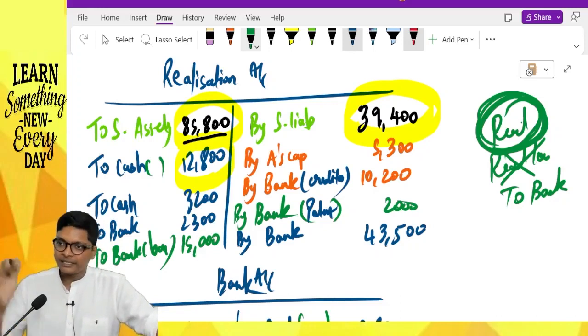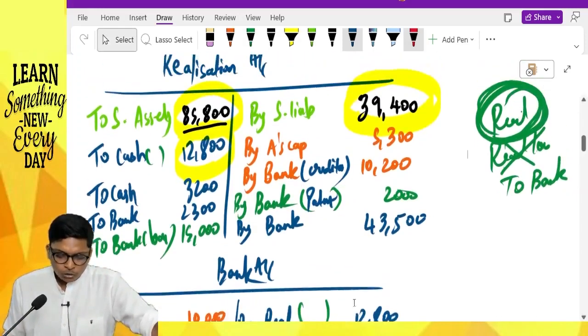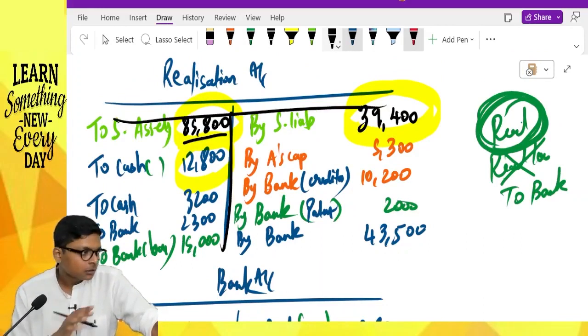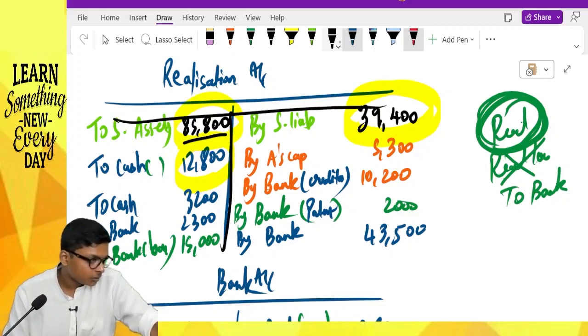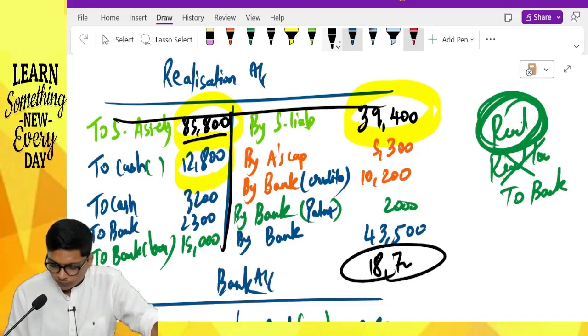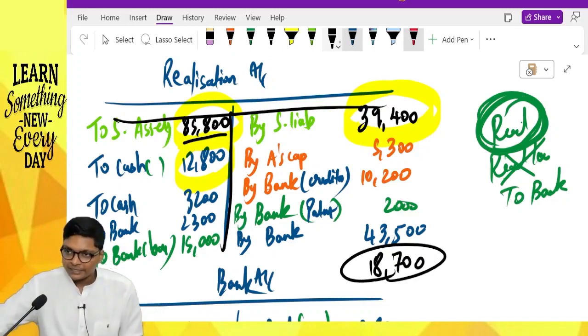Treatment order later. So now, realization account, profit or loss, how much, guys? Any other adjustment left? No. Loss or profit of 18,700, loss. The question will give some hint.